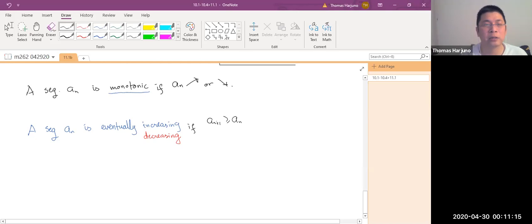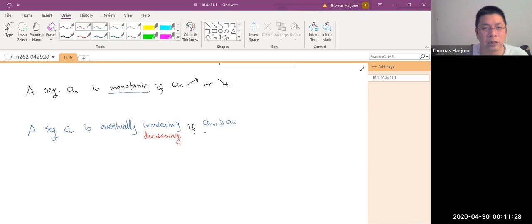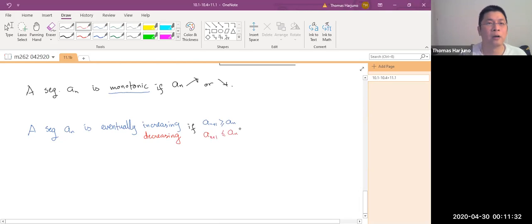For increasing, maybe I change the color. For increasing one, I use blue color, a sub n plus 1 greater equals to a sub n. Or if it is decreasing, a sub n plus 1 less than equals to a sub n, for n greater equals to some other number which is not 1.